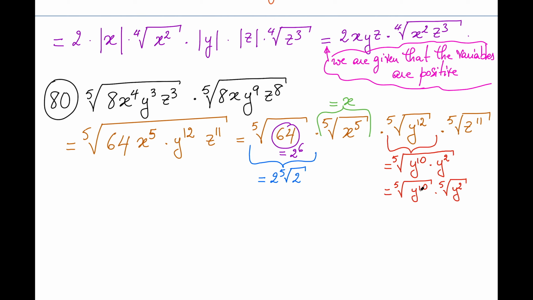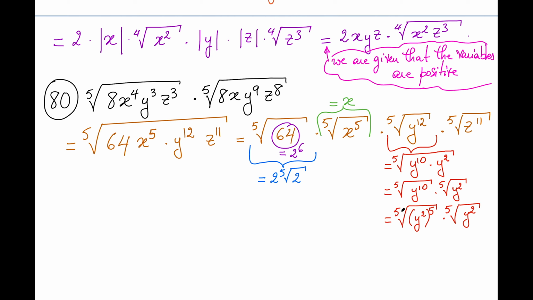And y to power 10 is a perfect fifth power, so it's y squared to power 5, times the fifth root of y squared.